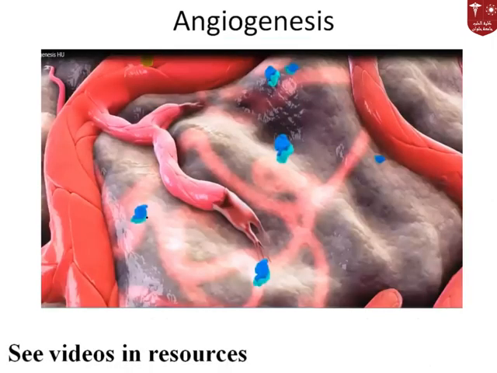And this brings us to the concept or the term of angiogenesis. Angio means vessel. Genesis means creation. So angiogenesis is the process of creating new blood vessels. There is also another term with the same meaning. It's called neovascularization. Neo means new.